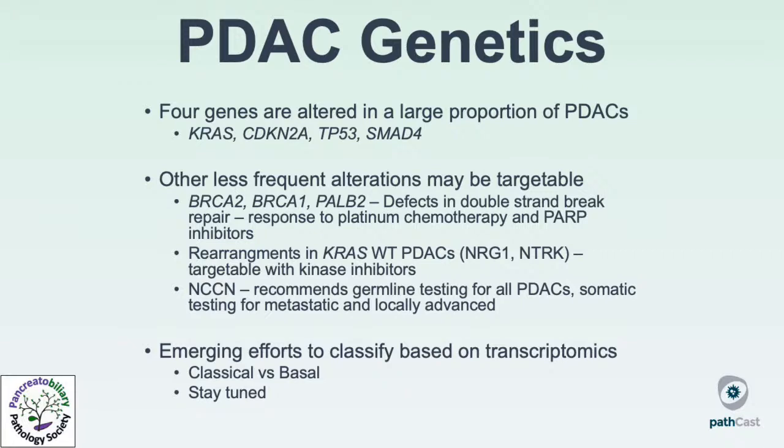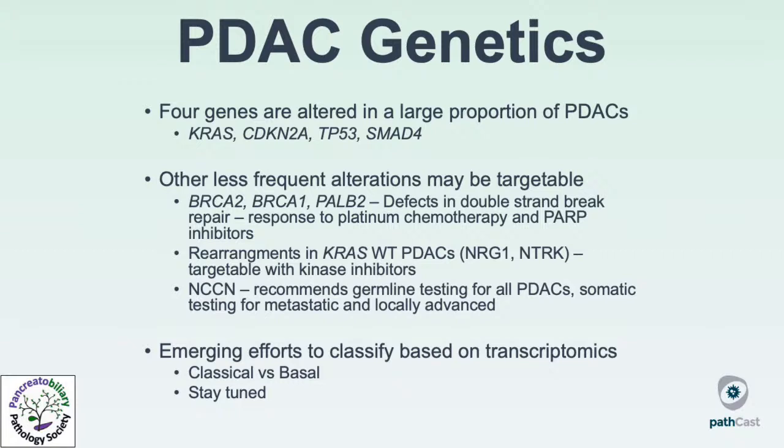However, there are other less frequent alterations in PDAC that may be targetable. The most important of those right now are alterations in BRCA1, BRCA2, and PALB2, which lead to defects in DNA double-strand break repair. And because of these defects in DNA repair, these tumors respond really well to platinum chemotherapy and also PARP inhibitors.